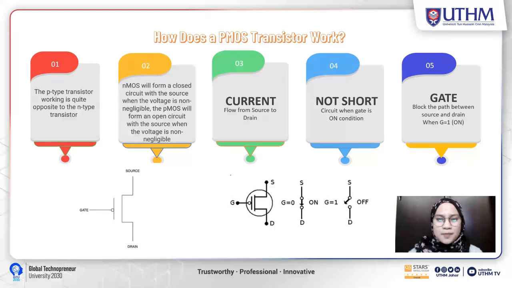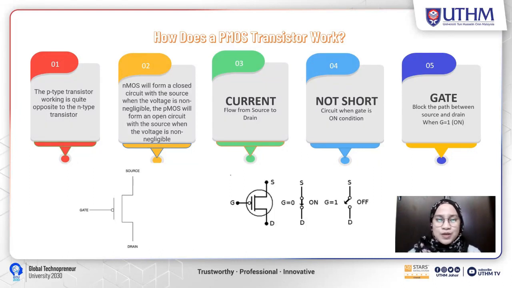How does a PMOS transistor work? First, the P-type transistor working is quite opposite to the N-type transistor. Second, NMOS will form a closed circuit with the source when the voltage is non-negligible.